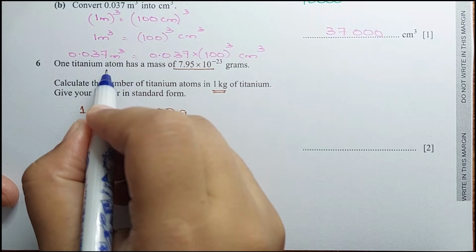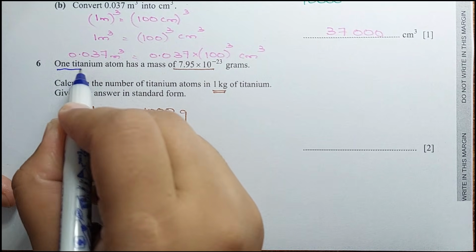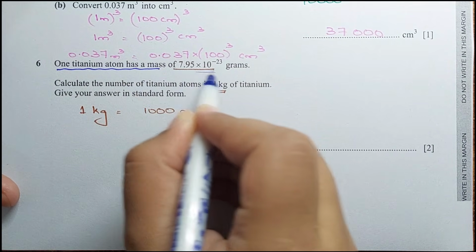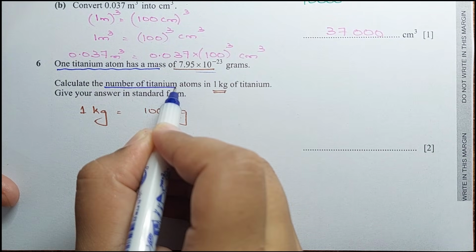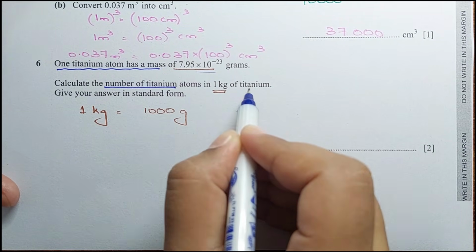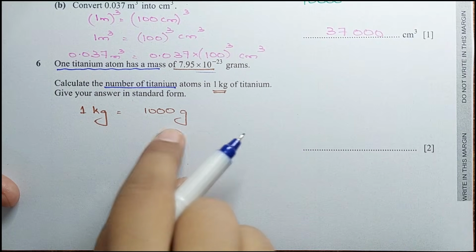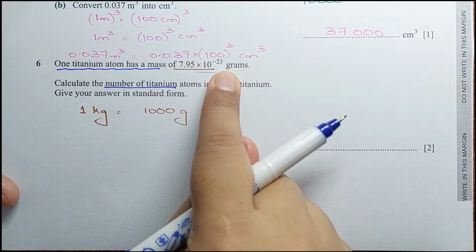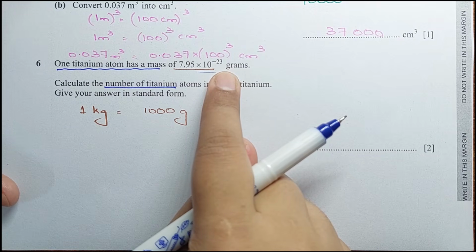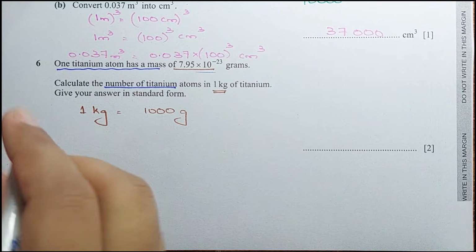Now here we have given the mass of an atom. One titanium atom has a mass of this much. We need to calculate the number of titanium atoms in 1 kg of titanium. So 1 kg has 1000 grams and one atom has a mass of this much grams. We need to find out the mass of 1000 grams.